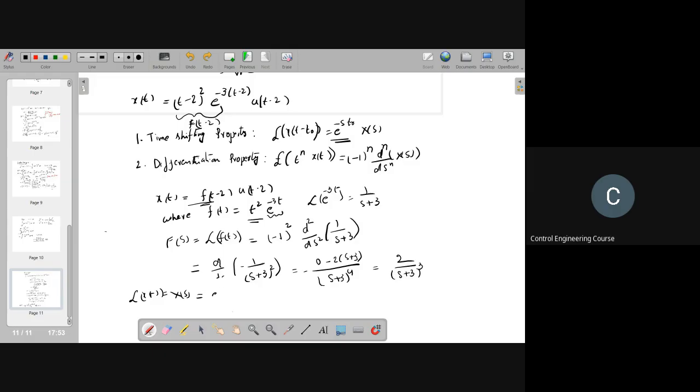Therefore, it is e to the power of minus 2s into 2 by s plus 3 whole cube, right?